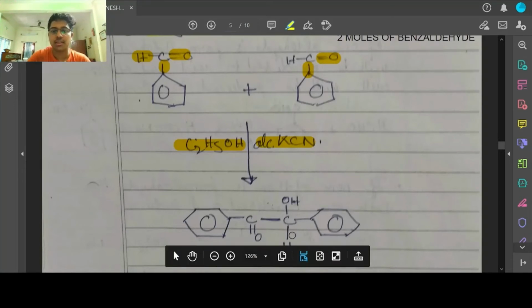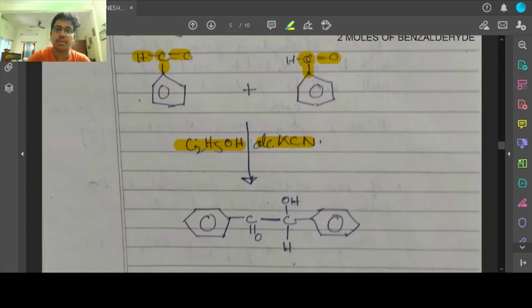So we get a carbon with one H and one OH, and the other C=O group remains as it is. And one single bond is formed between the two carbons.